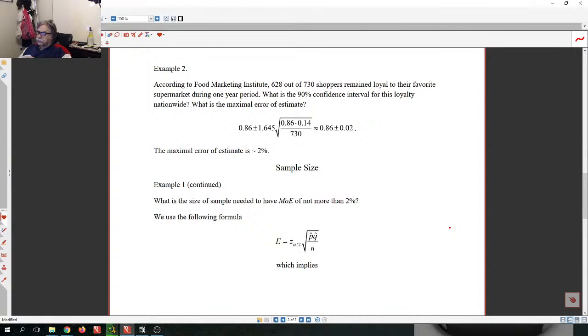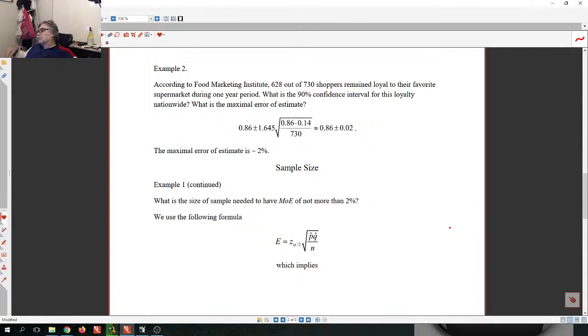Okay, so the Food Marketing Institute, which is the association of all of those grocery store chains, was doing polling here, and they polled 730 shoppers for loyalty, and they define loyalty by being a shopper that goes to the same store in a 1 year period, which is probably what happened to most of the people, right?